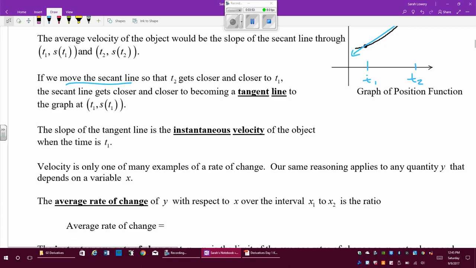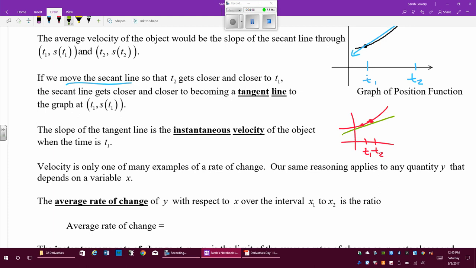And guys, this is not a new concept. We talked about this last class. The idea that if I can get these 2 points, T1 and T2, infinitesimally close, the closer I can get them together, the closer that slope of the secant line will be to the tangent line, okay?